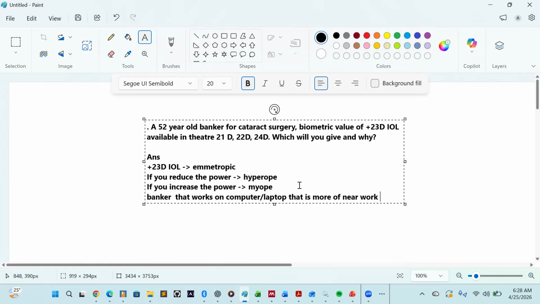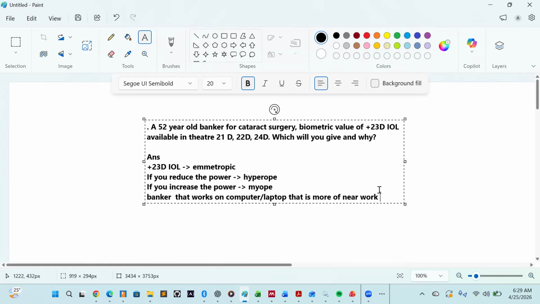You don't want them to need glasses, because if you give them 21 or 22, which is hyperopic, they will need glasses for near work. Since most of their work is near all the time, they prefer not to use glasses for that. They want something that after cataract surgery they don't need glasses again and can do their near work. And so you give them 24 thereafter, because a banker's work is usually near work, and they will prefer to be off glasses while working.